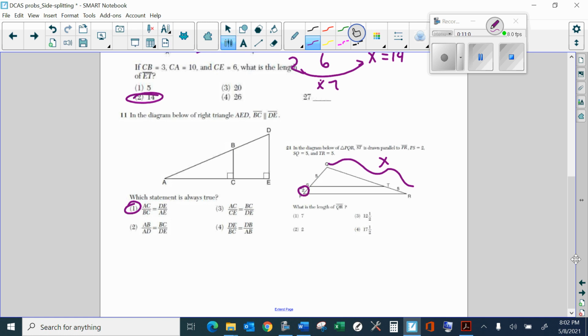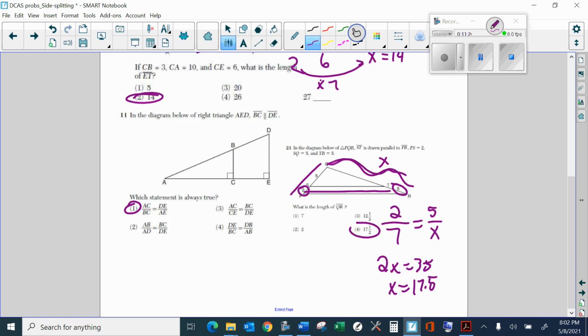So I can go 2 over its whole length of 7 equals 5, the corresponding piece of 2, over its whole length, we're calling x. Cross multiply, I get 2x equals 35, x equals 17.5.